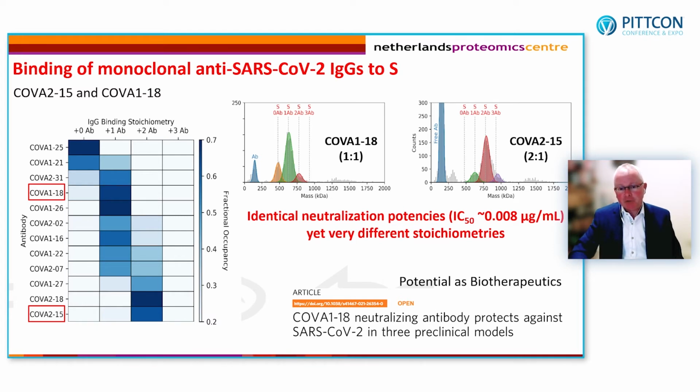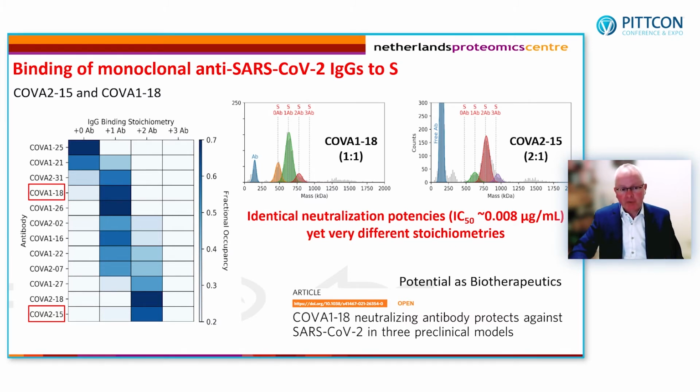And 3 is a logical choice because it is a trimer. So it has 3 RBD domains, receptor binding domains. So if an antibody targets that, you might expect that 3 antibodies bind at the same time.